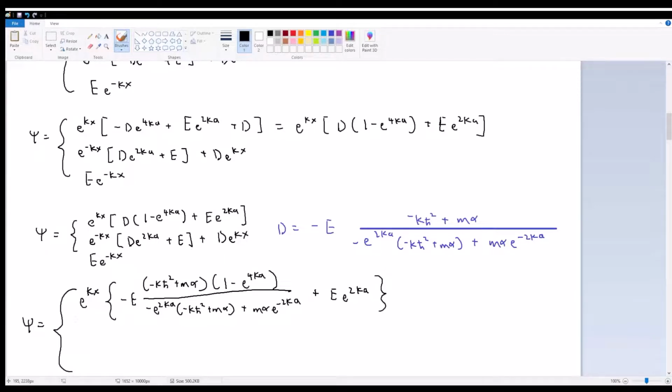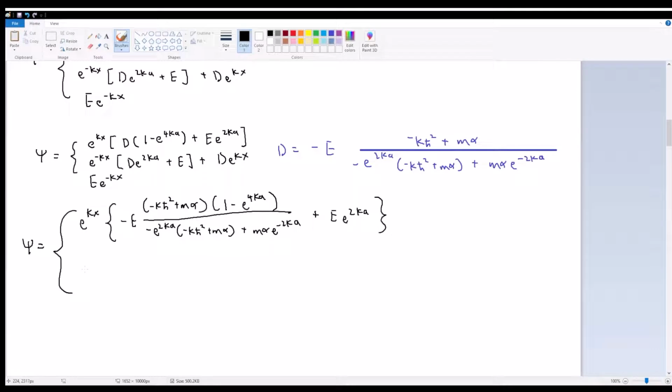And then we have, on the bottom side, e to the negative kx multiplied by negative e times negative k h bar squared plus m alpha times e to the 2ka, all divided by negative e to the 2ka negative k h bar squared plus m alpha e to the negative 2ka. And then we're adding an e term at the front.